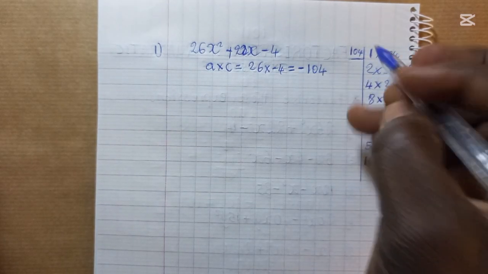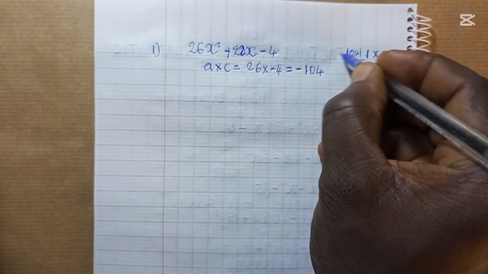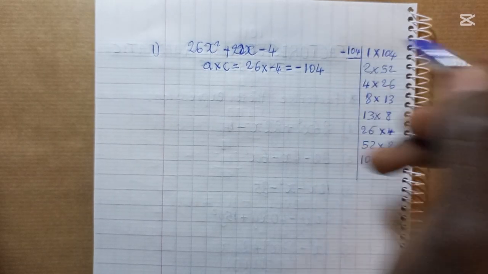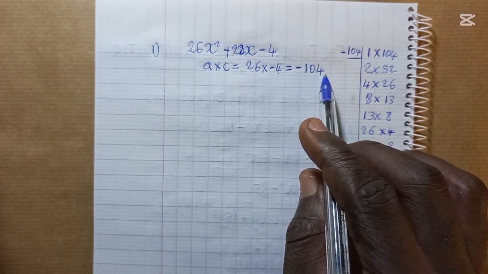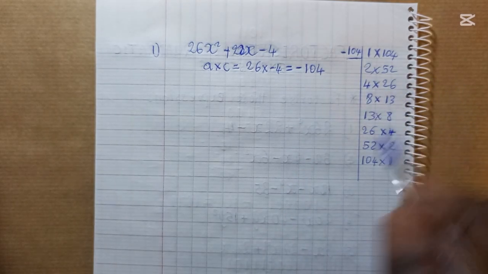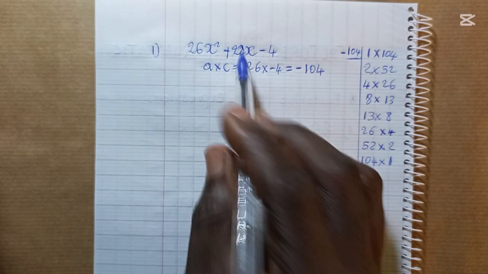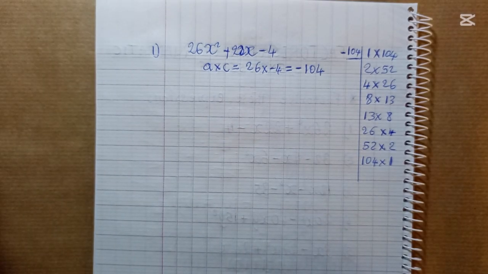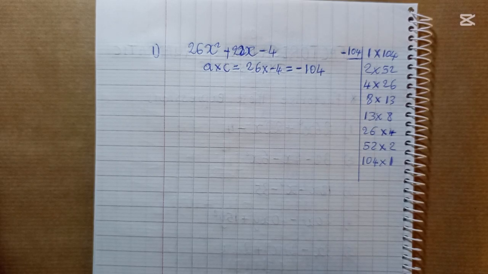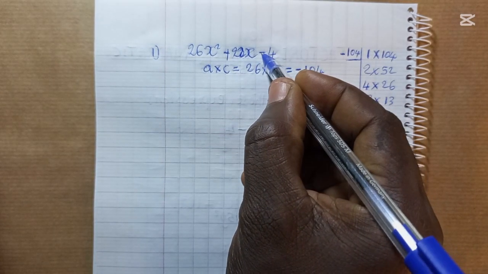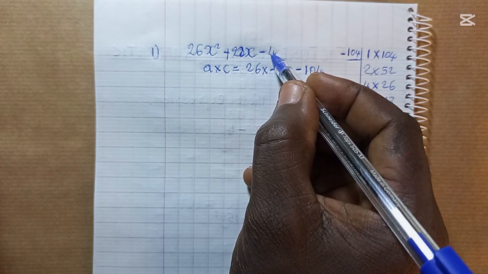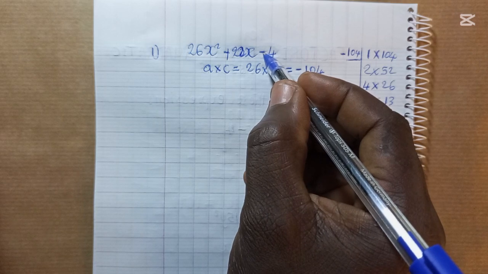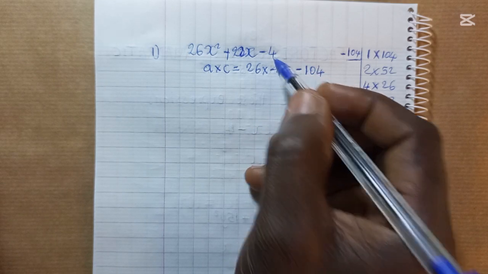But in this case, there is a negative here. We are looking for two numbers we can multiply together to give us minus 104, and then when we add those same two numbers, it will give us 22. So what are these numbers? One of the secrets is that since we have a negative before the third term, which is the constant in the quadratic expression, one of the factors will be positive and the other will be negative.